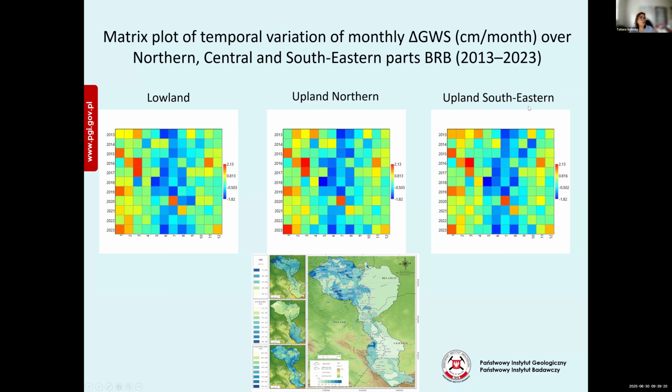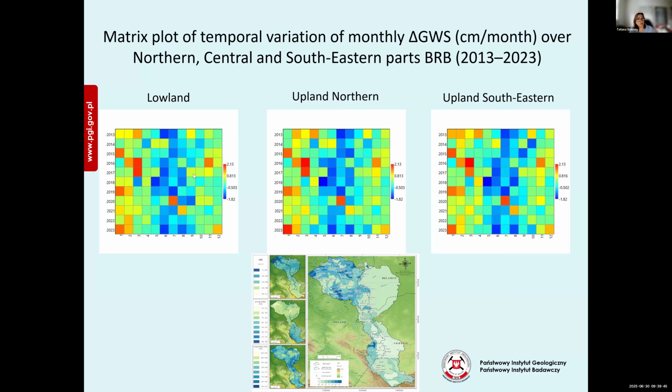Matrix plots show that the spatial patterns of groundwater storage changes across the three regions are similar, with greater similarity between the upland parts.